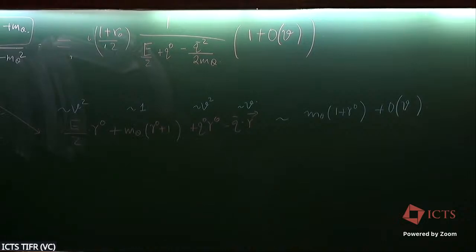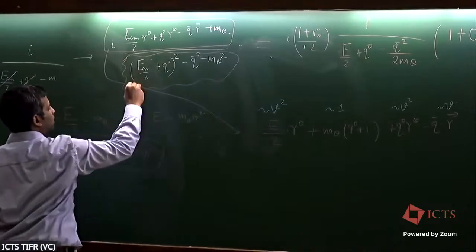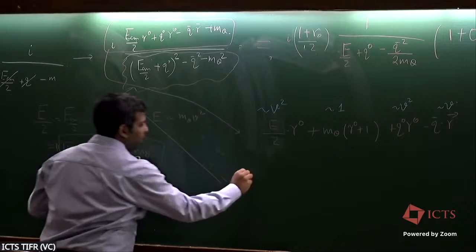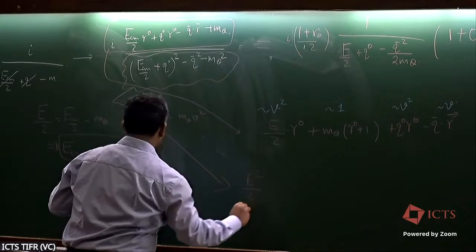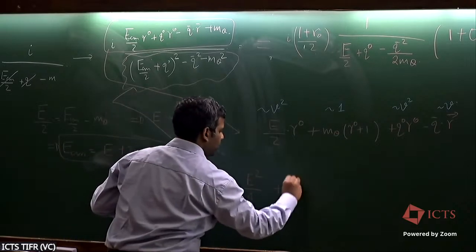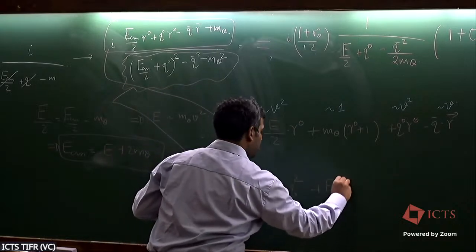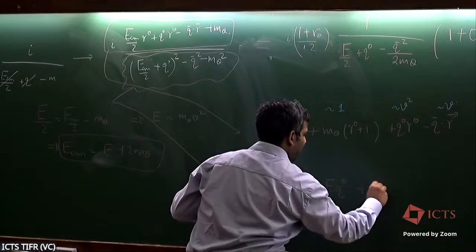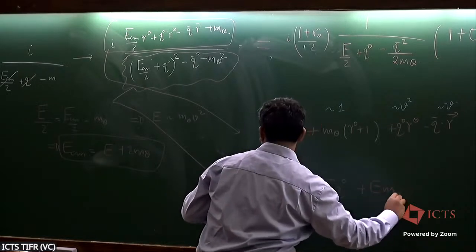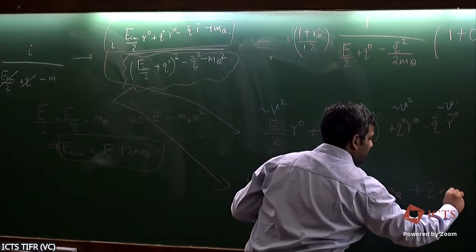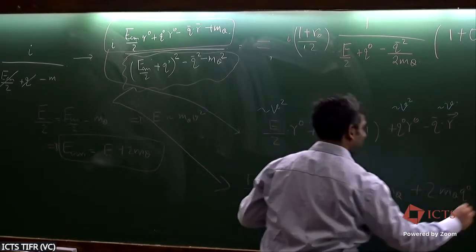Then, okay, there is no other color. So now let us look at the denominator. The denominator is E square by 4 plus Q0 square plus E Q0 plus E MQ, sorry, plus 2MQ Q0 minus Q square.